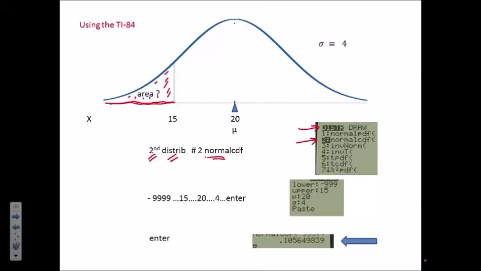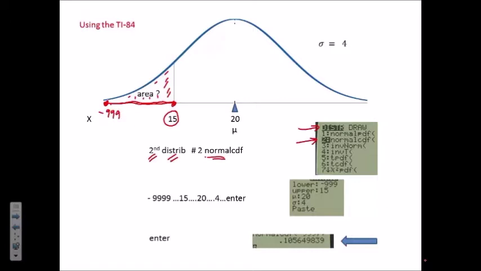This endpoint is 15, the upper endpoint. The lower endpoint, there is no lower endpoint. So pick a very small number, at least 5 standard deviations out from the mean. I'm going to use -999 just to ensure I'm way out there.